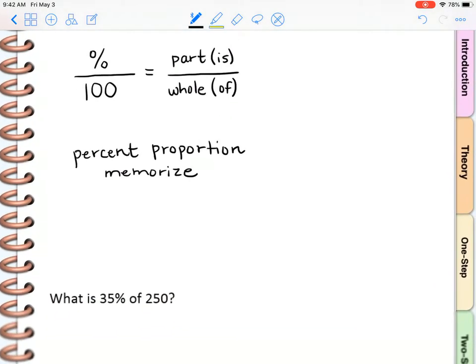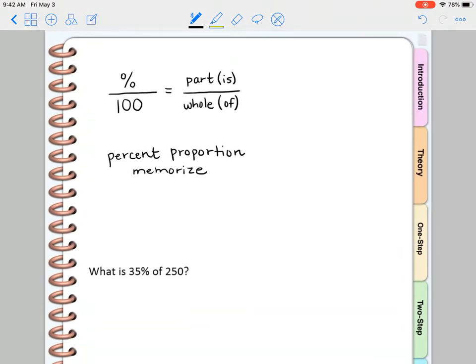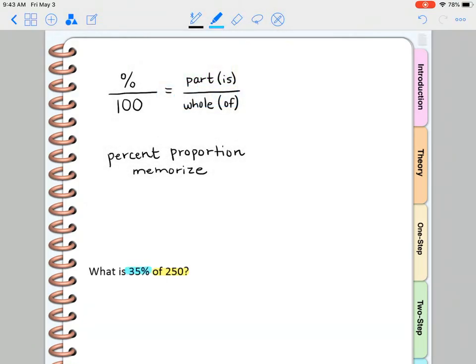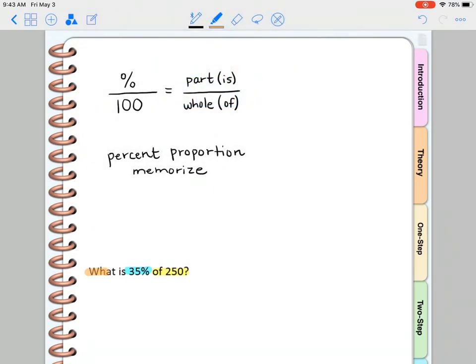So let me show you how to use this proportion to solve a problem. So this first one says, what is 35% of 250? Well, notice there's the of. Here is the percent. And we do not know the is. That's the piece that we're looking for. So build your proportion.